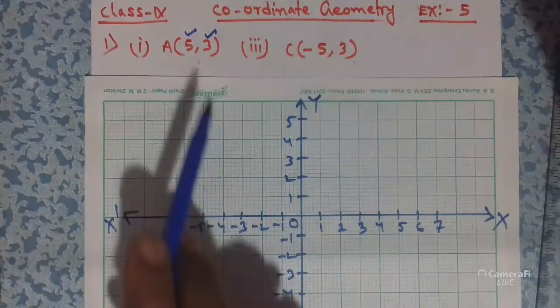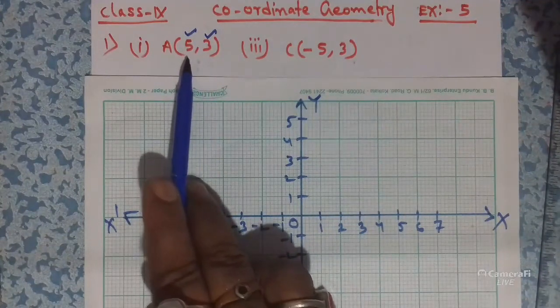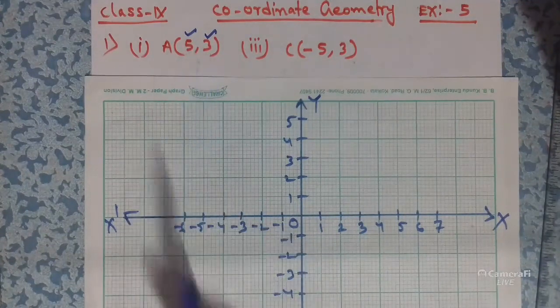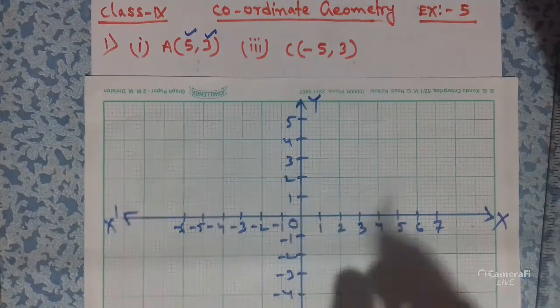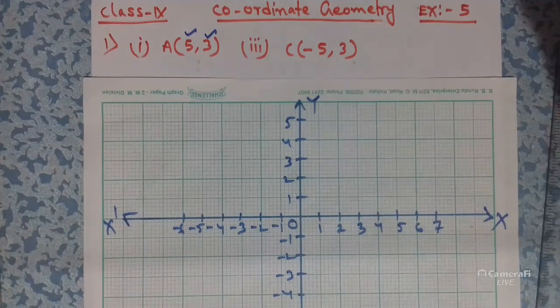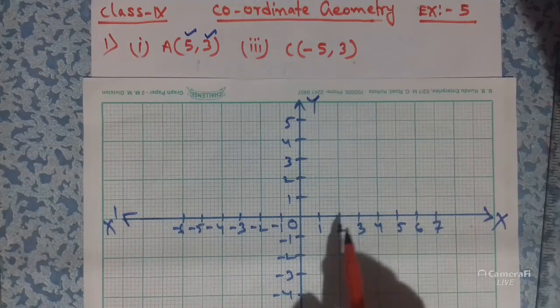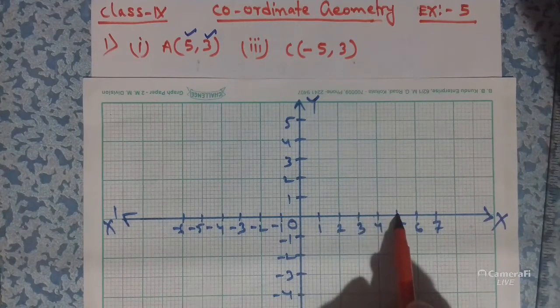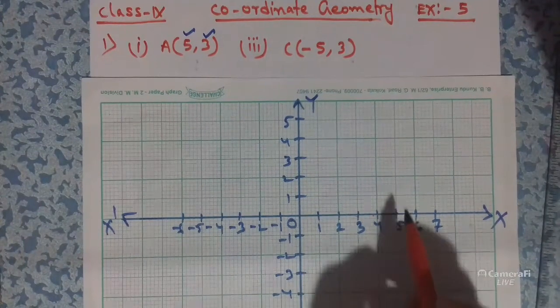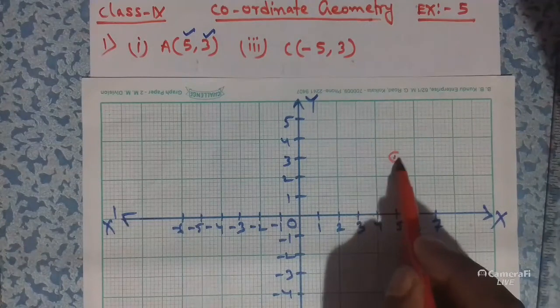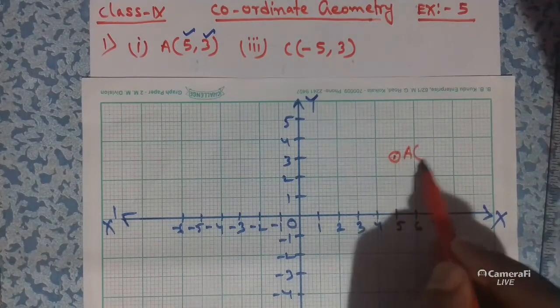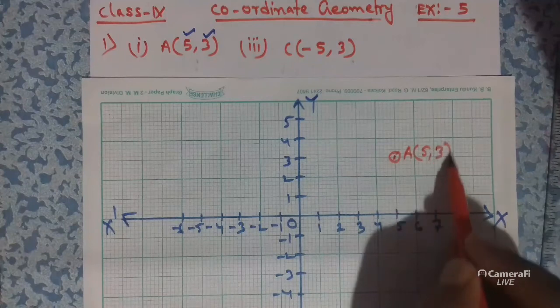Both are positive. So at first we take 5 on the x axis, 1, 2, 3, 4, 5, and from here we take y as 3. Since y is positive, we go up 1, 2, 3, this point. It is A (5, 3).